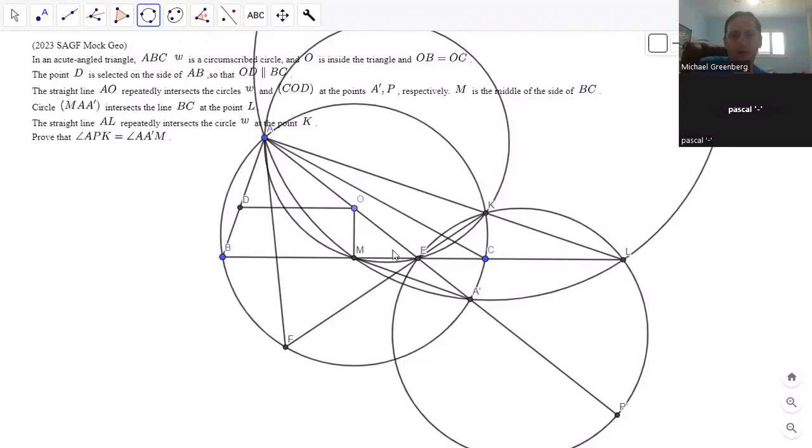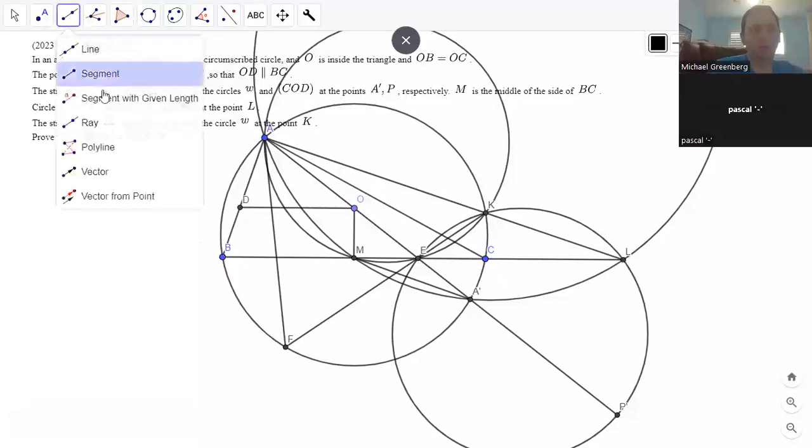But I think we can show that BCE and AK intersected has to be harmonic. Let me think about that. Forgot how I did that. Because if we intersected AK at a point, and then we projected those 4 points through K, then it would be B, C, A, and F. So basically, we can prove that those are collinear by using harmonics.